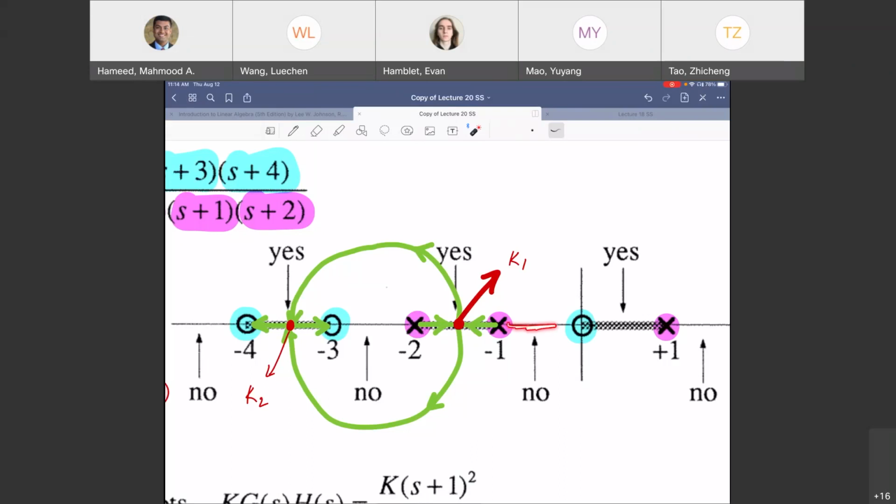But I cannot have any root locus here. I have to start here and I have to be here. Okay, I see. That's it. I have ended.